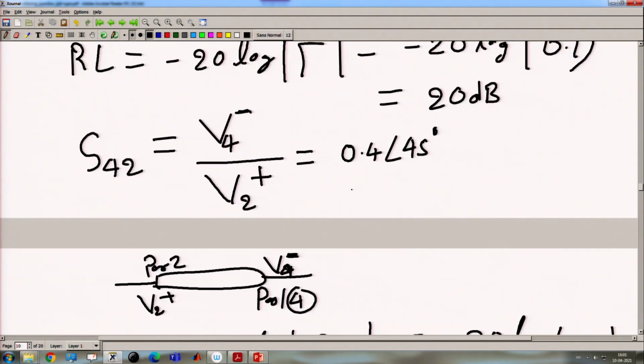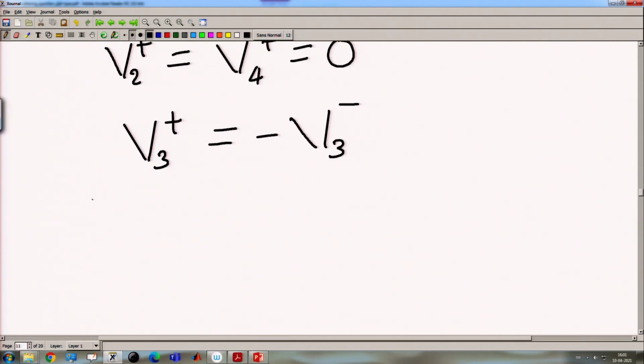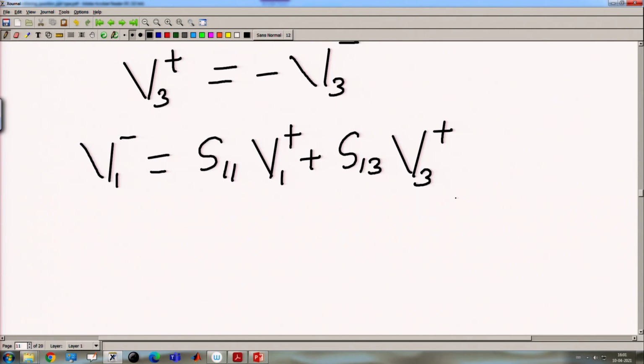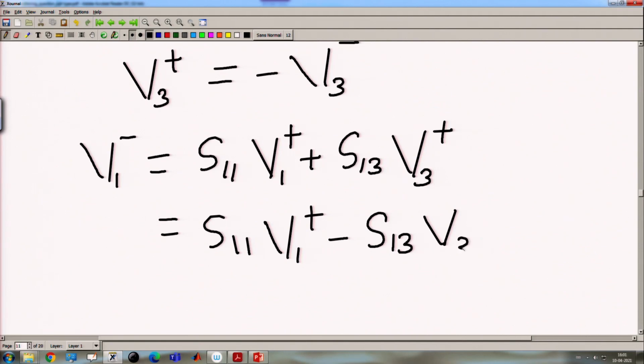and from the equation of V1 minus, V2 plus is 0, V4 plus is 0 and V3 plus is minus V3 minus. So, we can write V1 minus equals S11 V1 plus plus S13 V3 plus, and V3 plus is minus V3 minus. So, it can be written as S11 V1 plus minus S13 V3 minus.